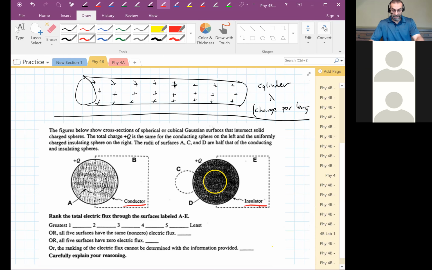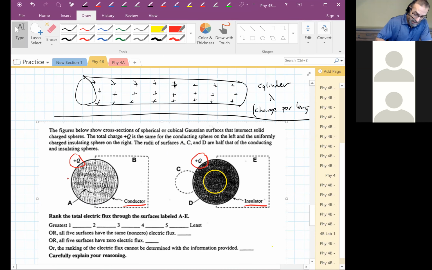And the insulator is uniformly charged throughout its volume. They both have the same charge, plus Q, you see that? One is a solid conductor, the other a solid insulator. The insulator uniformly charged throughout the volume. And we've got these five different Gaussian surfaces.